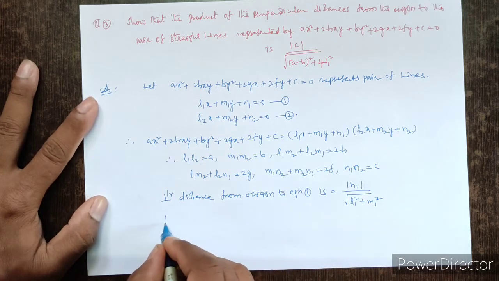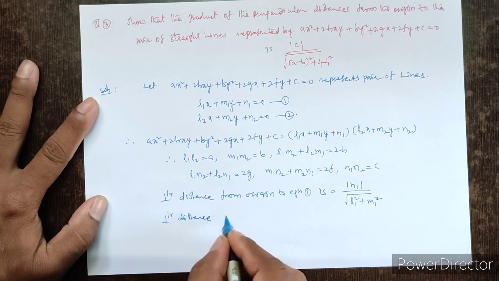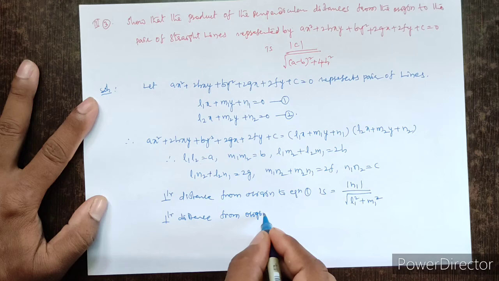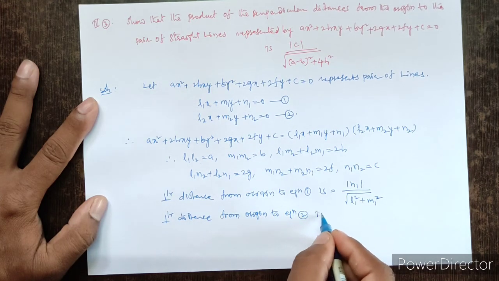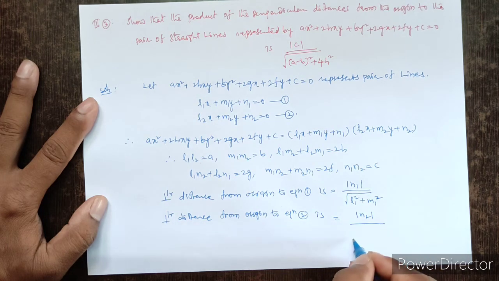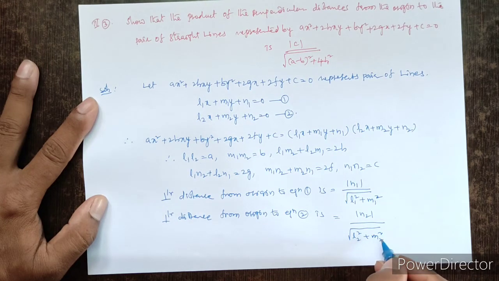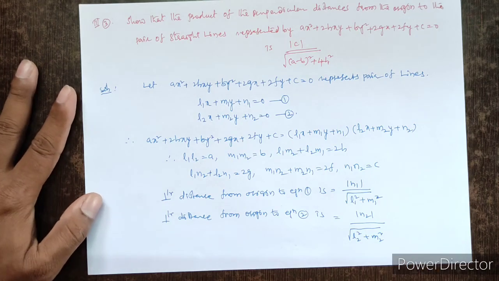Okay, next, the perpendicular distance from the origin to equation 2 is modulus N2 by root of L2 square plus M2 square. Product of these two.